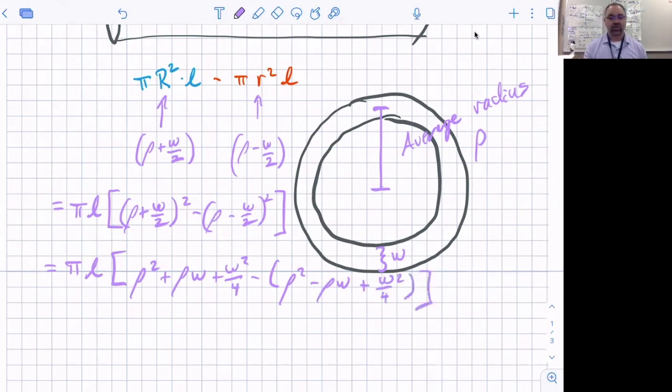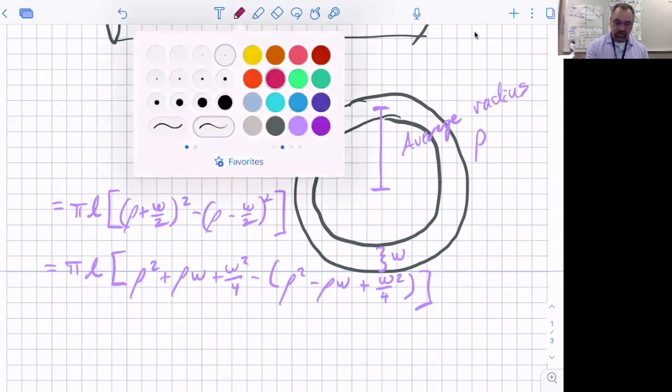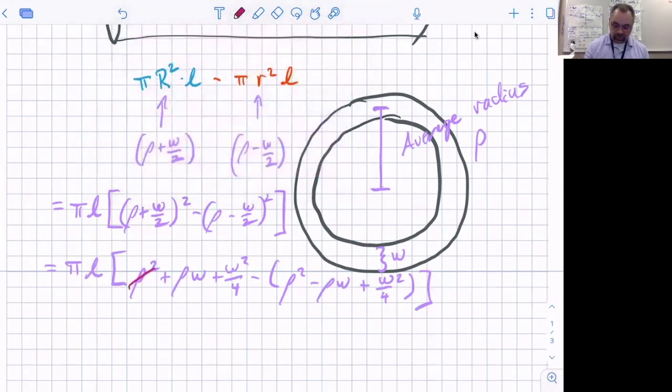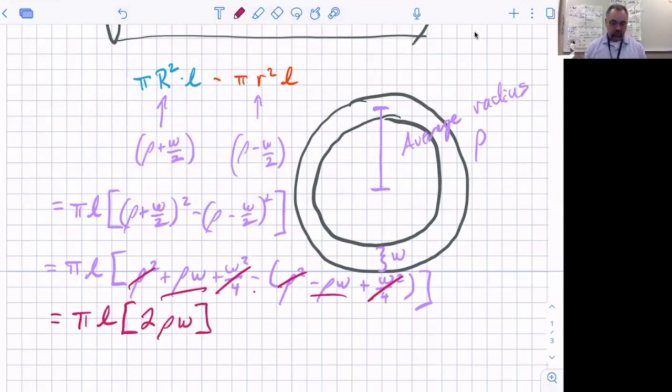Sorry, I had to squish that in there under my circles. Notice that there's a lot of canceling that happens here. Rho squared minus rho squared. W squared over 4 minus w squared over 4. But what we're left with is rho w minus negative rho w. So we get pi L times 2 rho w's.